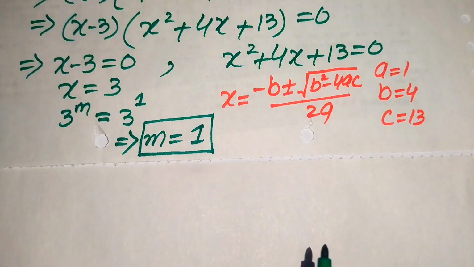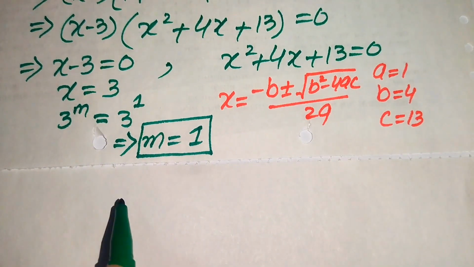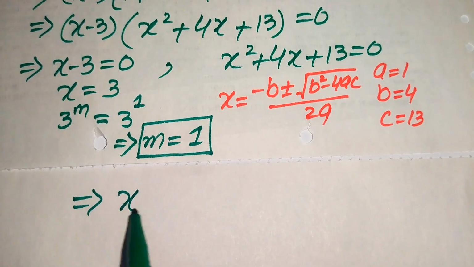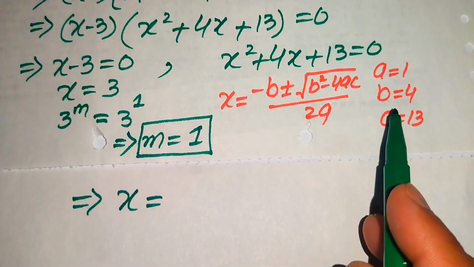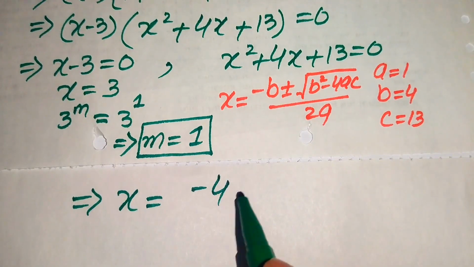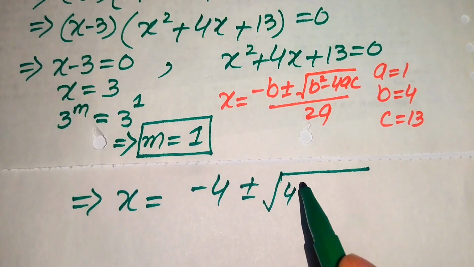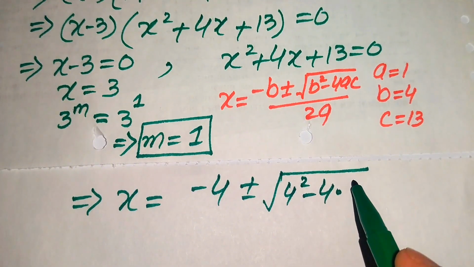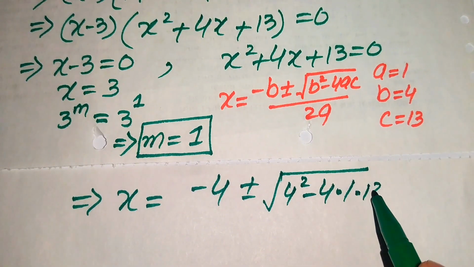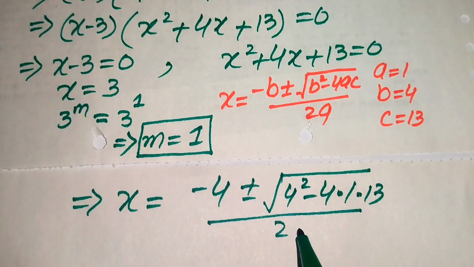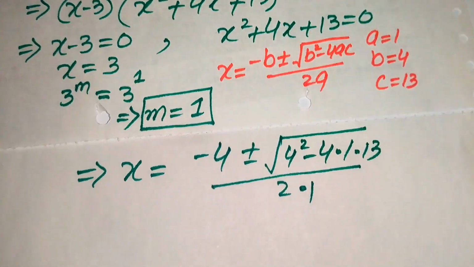And now in the next step we need to put the values of a, b and c in this formula, and it will be written as x equals minus b, the value of b is 4, it becomes minus 4 plus minus square root of b square, 4 square, minus 4 times a is 1, and c is 13, divided by 2 times a.